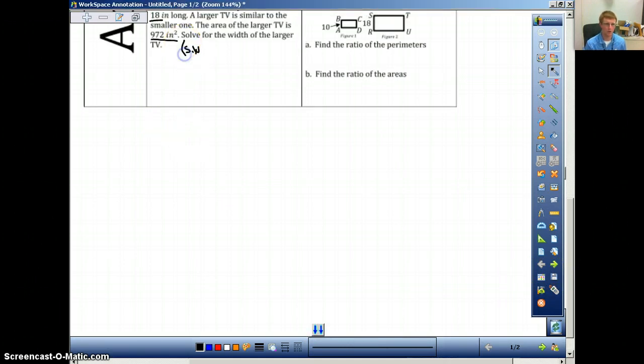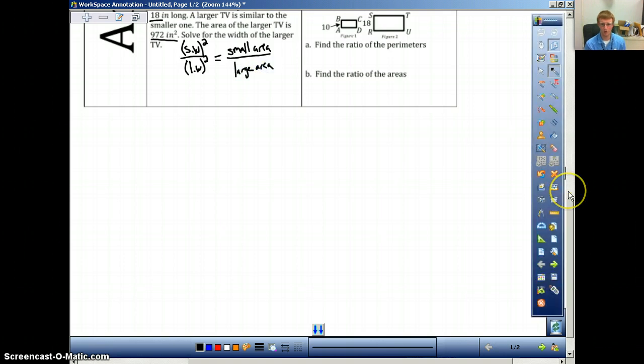We know that the smaller width squared divided by the larger width squared is going to be equal to the small area, and I'll write that out so you can see it, divided by the large area.